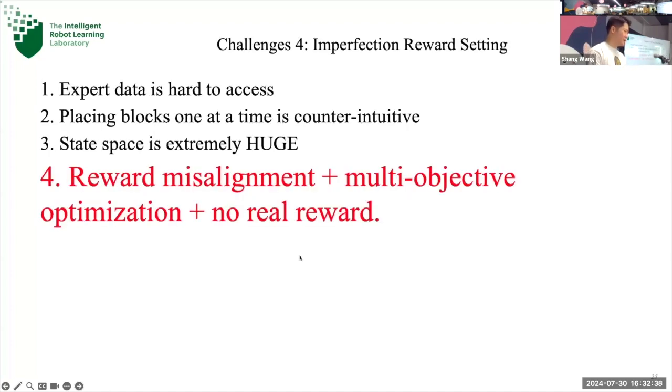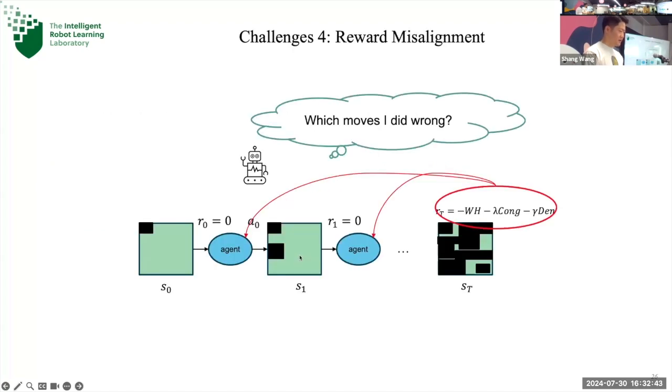Number four is the imperfection of the reward settings. The first one is reward misalignment. In the old MDP, placing blocks one at a time, the agent only receives numerical feedback at the end of the episode. So in this MDP, the agent has no idea about each move's performance.